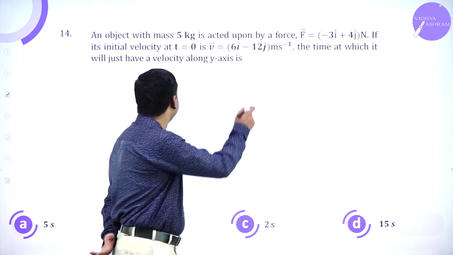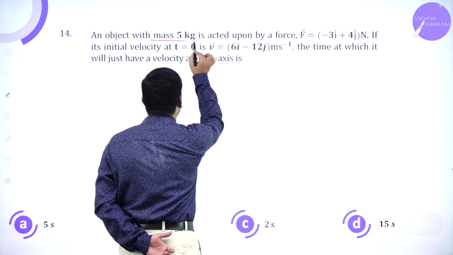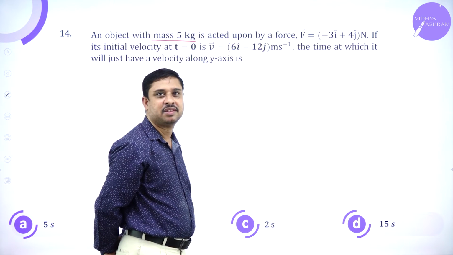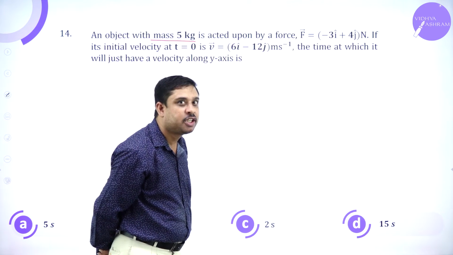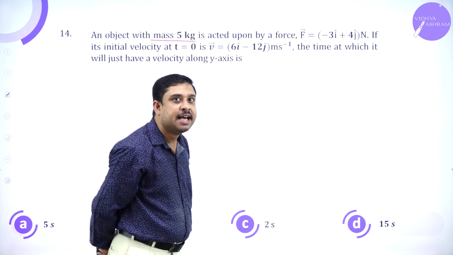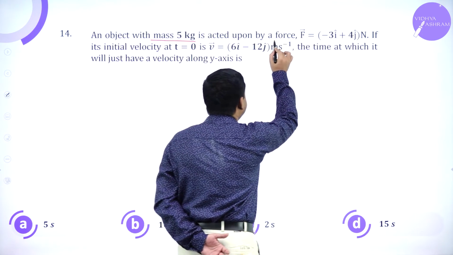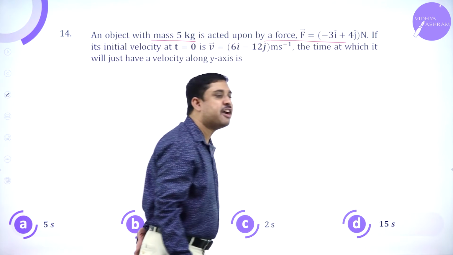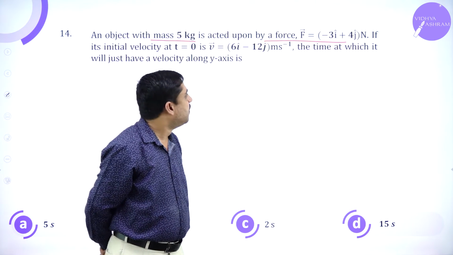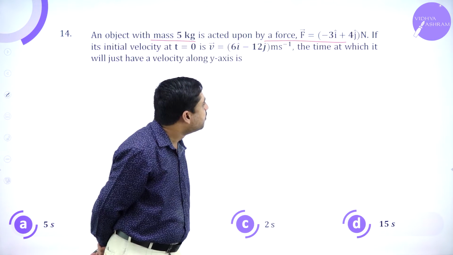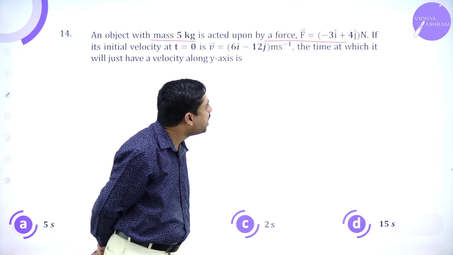an object of mass 5 kg, there is an object whose mass is 5 kg, is acted upon by a force, where the force is minus 3i plus 4j Newton.